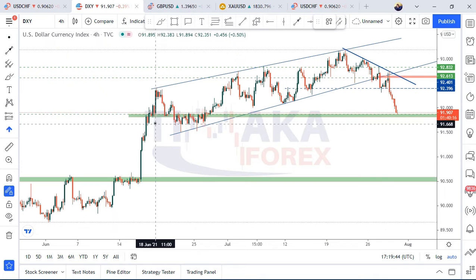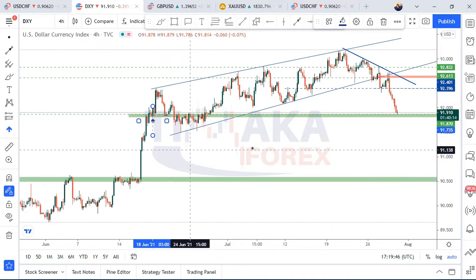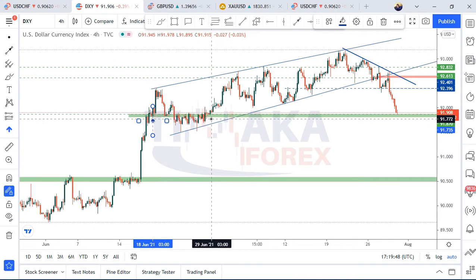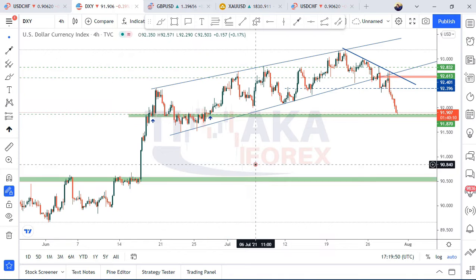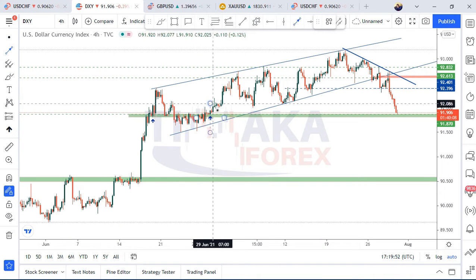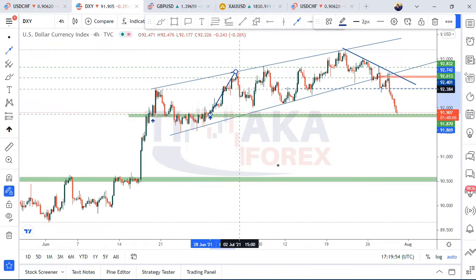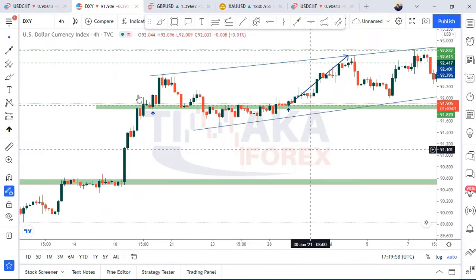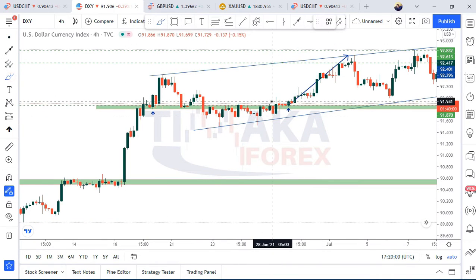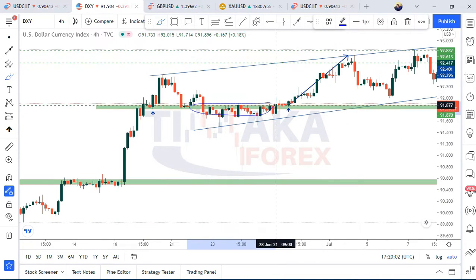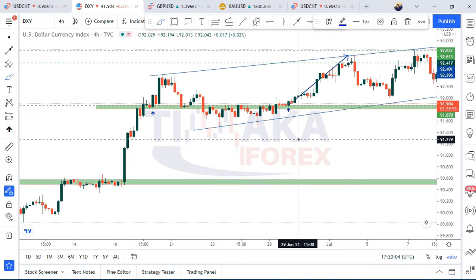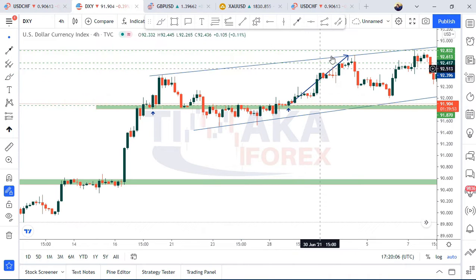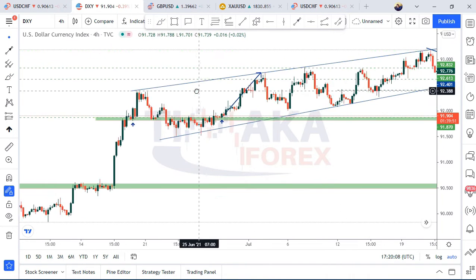The reason being, you can find support there, and then there is also this very good support that gave us all this rally upwards. You can also see a bit of consolidation within here, with price getting hard to break out until it did break and gave us a bullish rally.